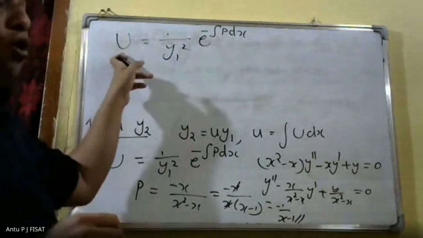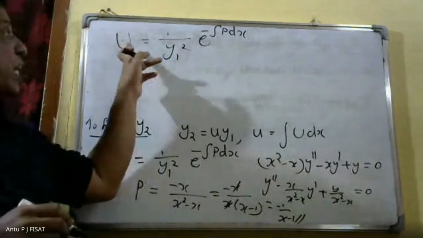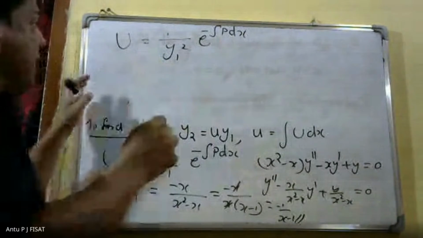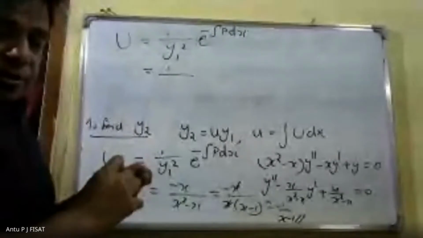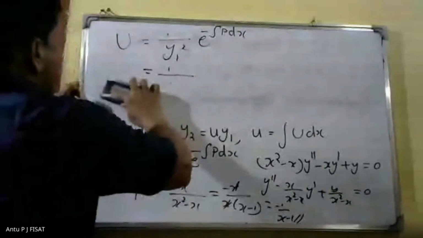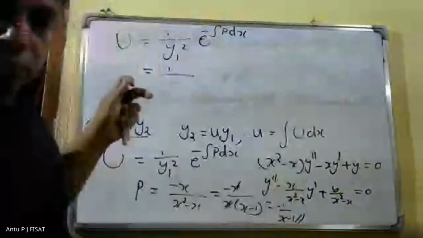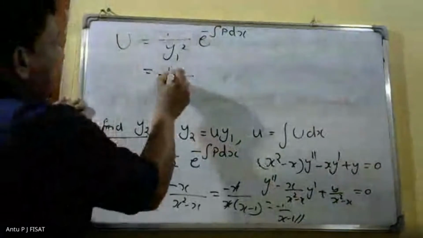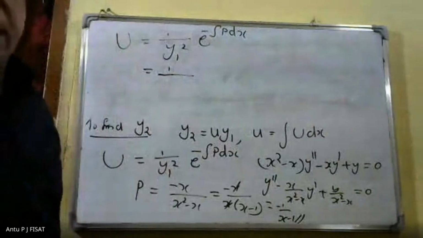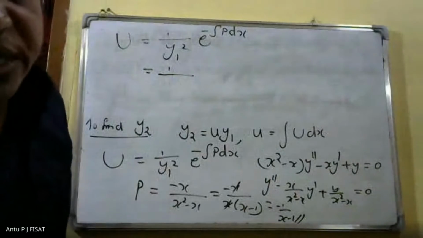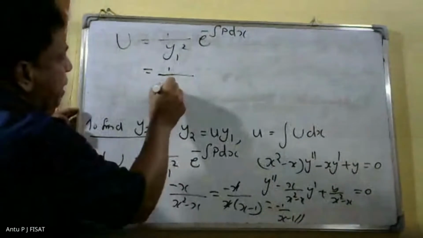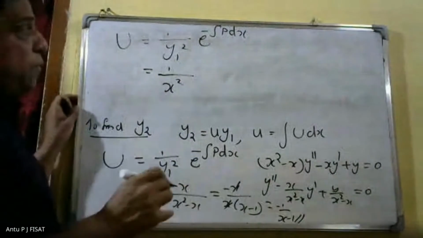By using this formula, find the value of capital U. That is 1/y1². Y1 is the given solution. We are given one solution, that is x. Therefore, 1/x². Y1 is equal to x, given in the problem.